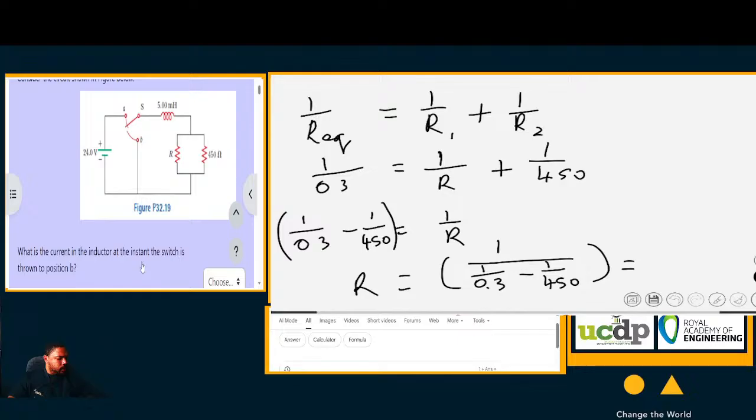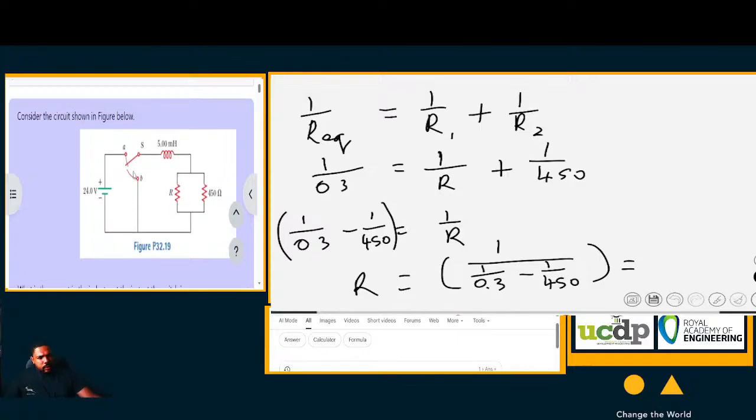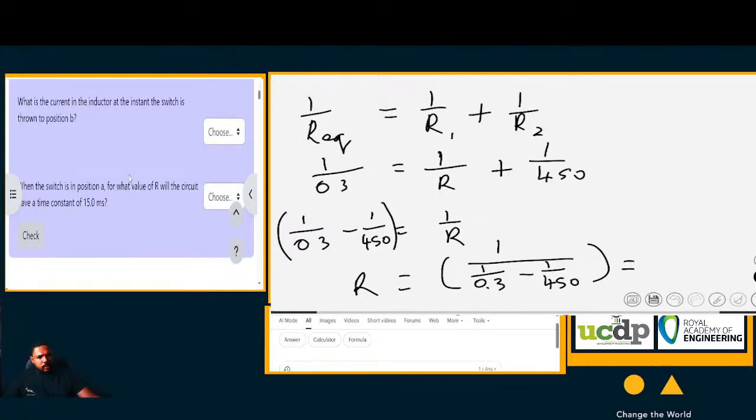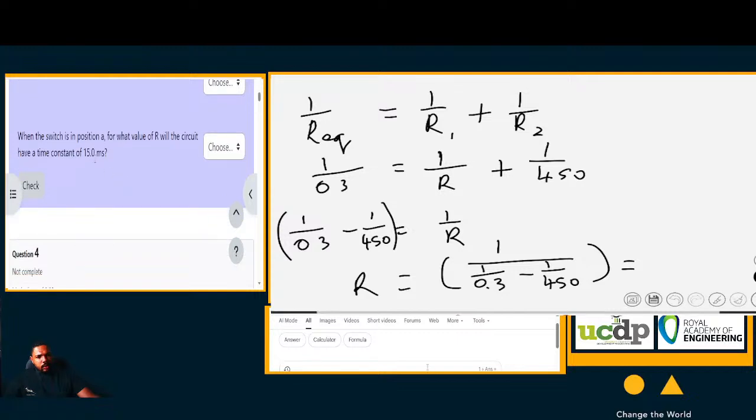0.3 cannot be. Let me check. Somewhere there's a mistake. I think I did the correct thing, but let me check at the question. 5 millihenry, yes. And the switch is in 15 microseconds.